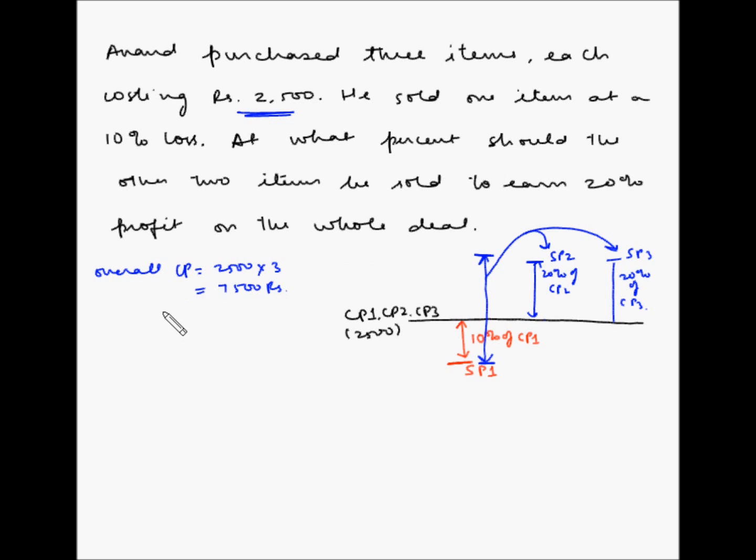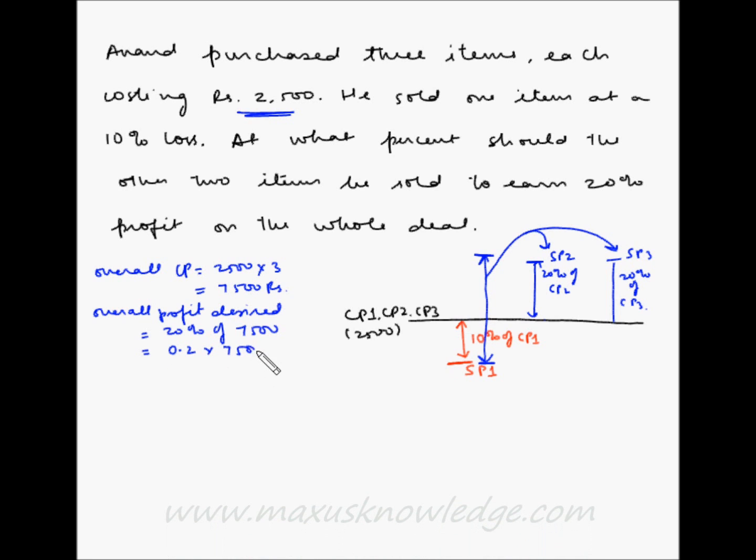So that means overall profit desired is equal to 20% of 7500. This is because profit or loss is expressed in terms of the cost price. So this is equal to 0.2 multiplied by 7500, and this is equal to 1500 rupees.